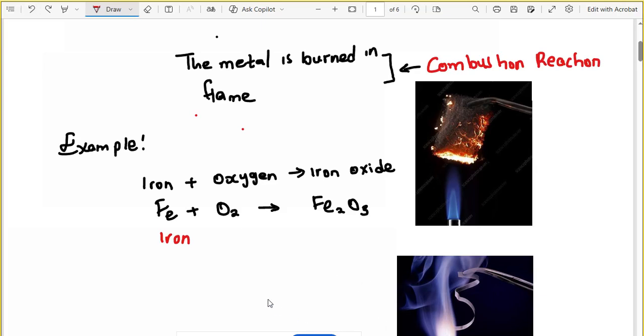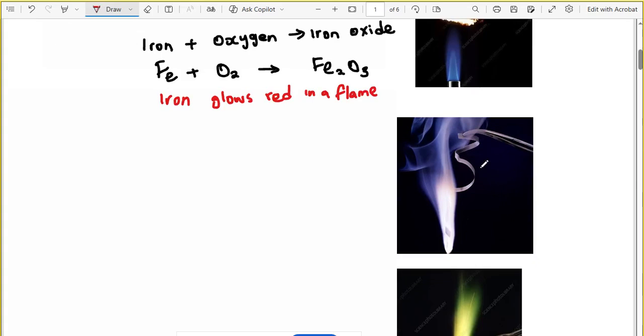In flame, can you see that? Yeah. Okay, so it glows red in a flame. That is what is happening. You understand what is going on in the first picture? Yes. 100%. Let's move to the next one.